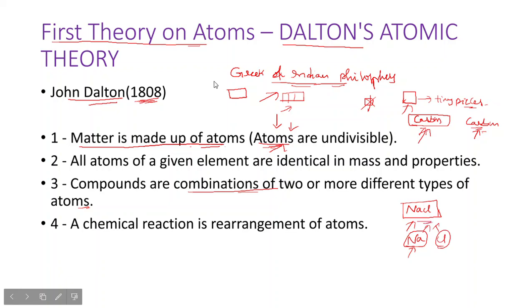He also said that a chemical reaction is a rearrangement of atoms. For example, if carbon combines with two oxygen atoms, what we get at the end is CO2.